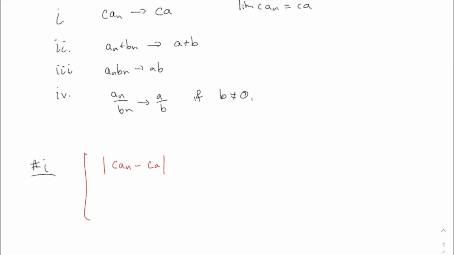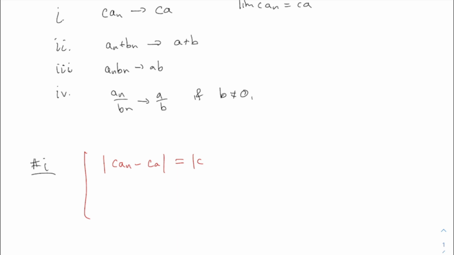Our strategy was to factor out the c, and when you factor through absolute values, you need to keep absolute values in there. And then I want to make this less than epsilon in total. This is the trick, and it's the same trick that we're going to use in parts 2 and 3, which is why I'm reminding you.